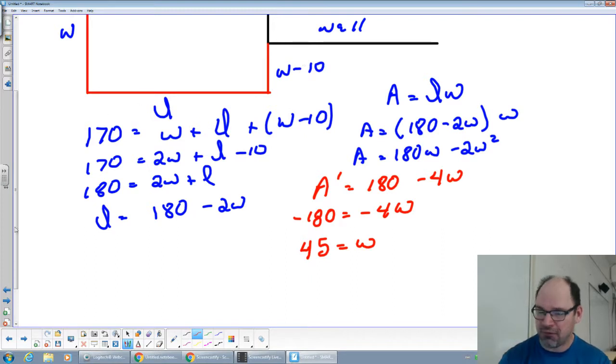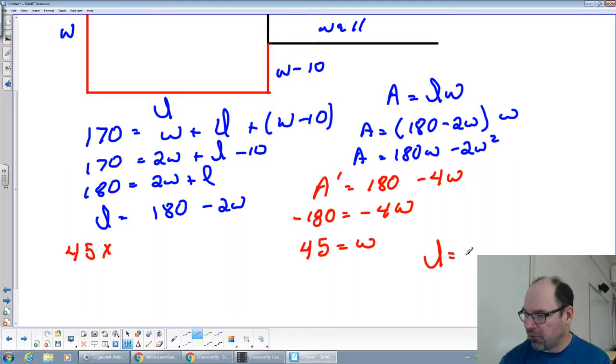This would be 90. So our dimensions of the pen would be 45 by whatever L is. L equals 180 minus 2 times 45, which equals 180 minus 90, which equals 90.